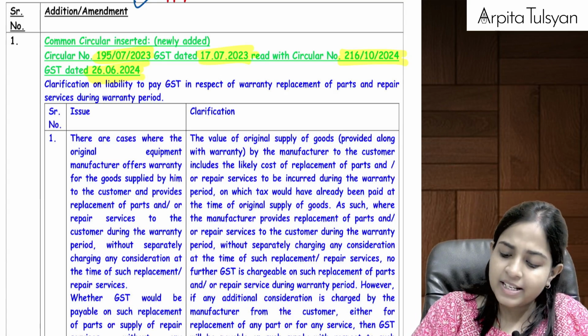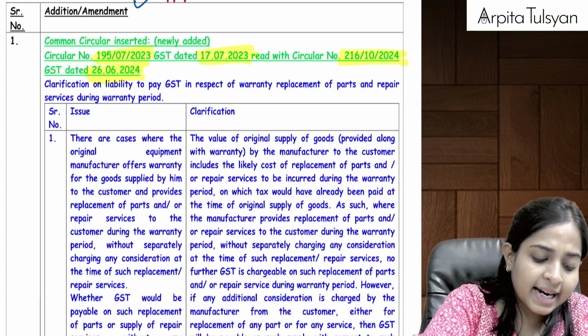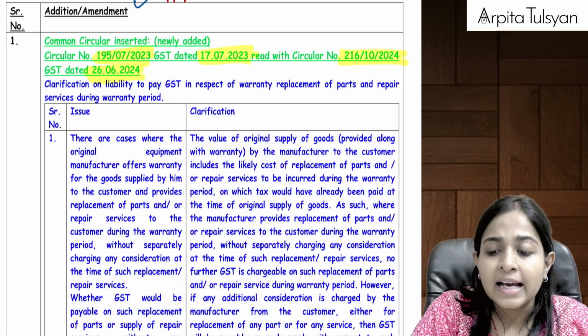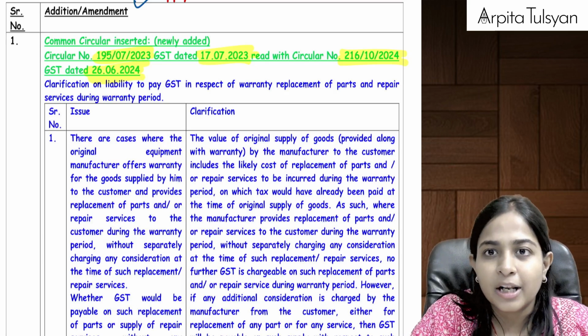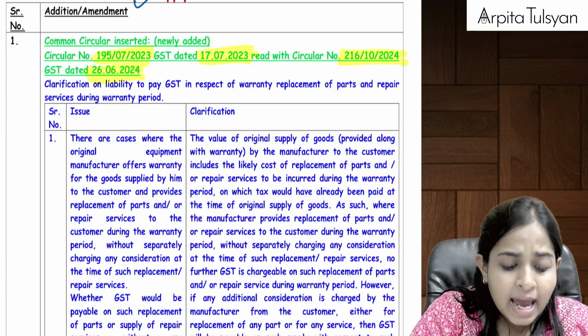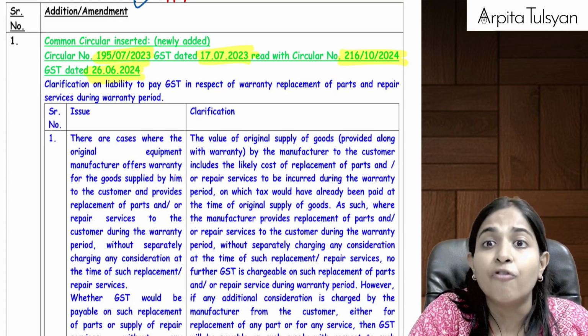Now this is a very simple and a very logical clarification also. Sometimes it happens, you must have seen, that when we purchase a particular product, let's say I purchase this particular AC remote, and from whoever I am purchasing this AC remote, they will give me a warranty.